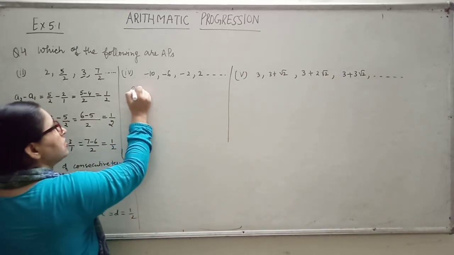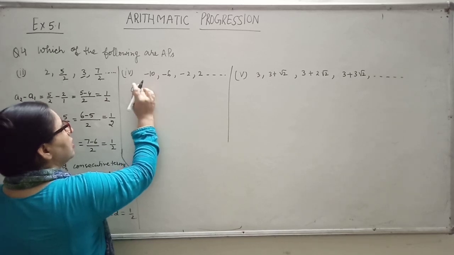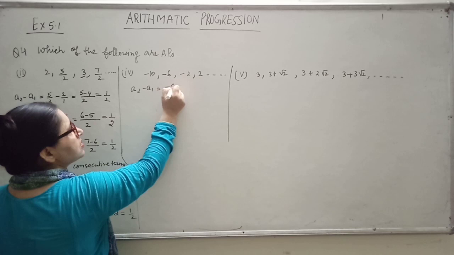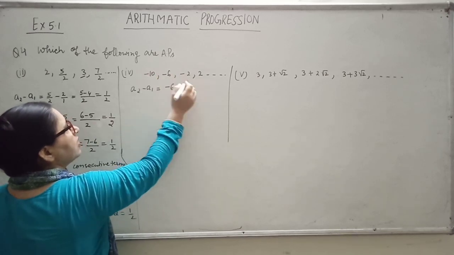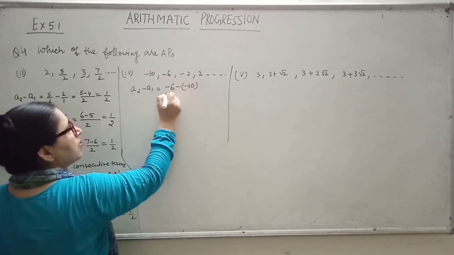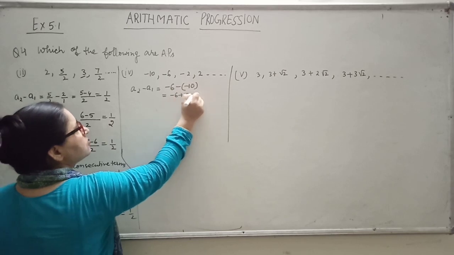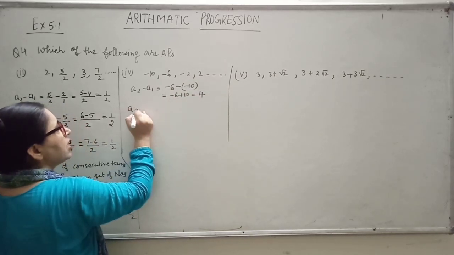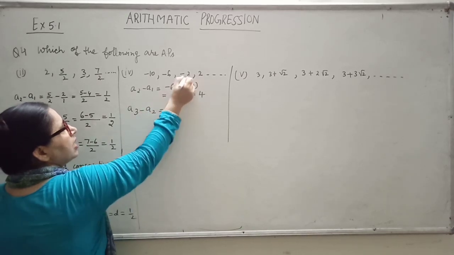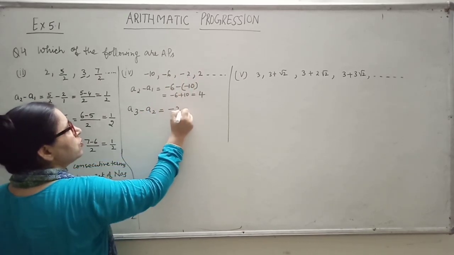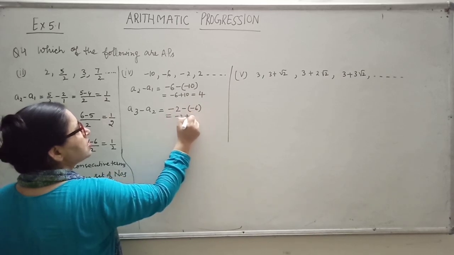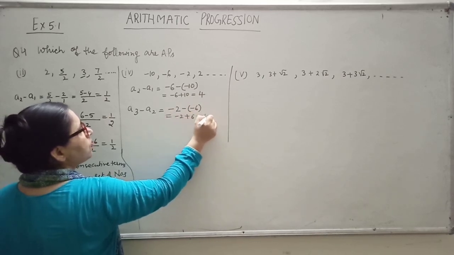In the next question, first of all A2 minus A1, that is minus 6 minus, and A1 is minus 10. So minus 6 plus 10, that is plus 4, because the bigger number has the positive sign. Now A3 minus A2, minus 2 minus of minus 6, that is minus 2 plus 6, again plus 4.